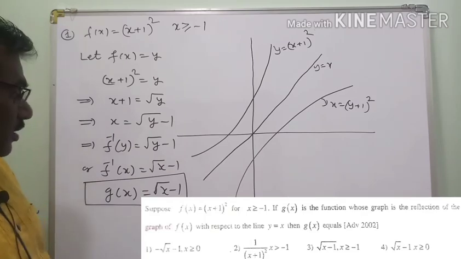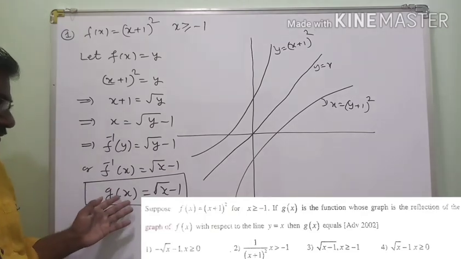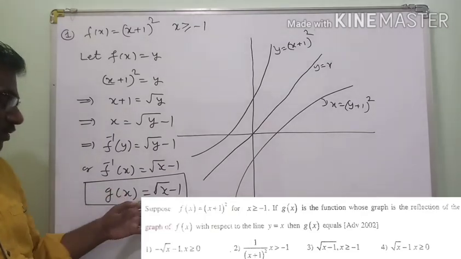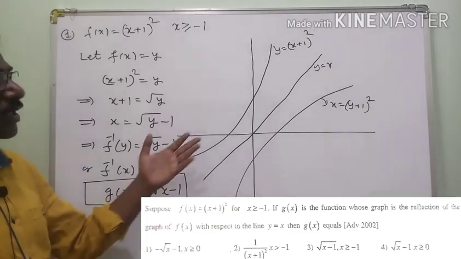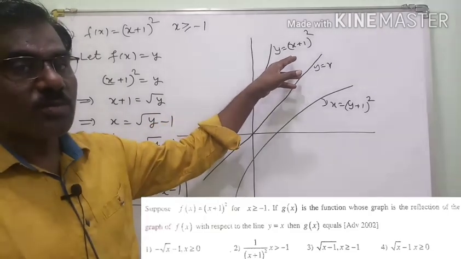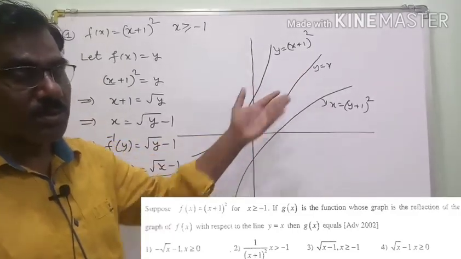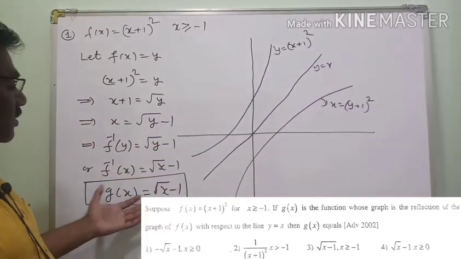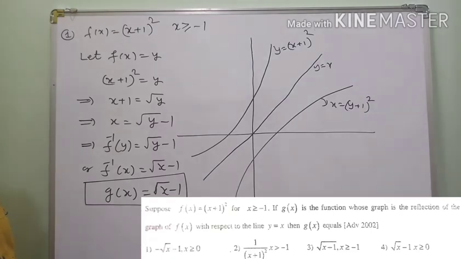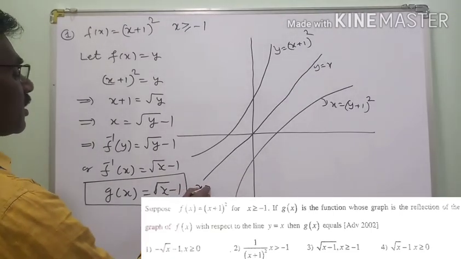So the inverse will come, either as g of x or g of y. G of x is root x means g of y is root y, so both will cancel. The inverse comes in terms of x and also in terms of y. You are asking g of x, root x minus 1, but x is positive, x is greater than 0.